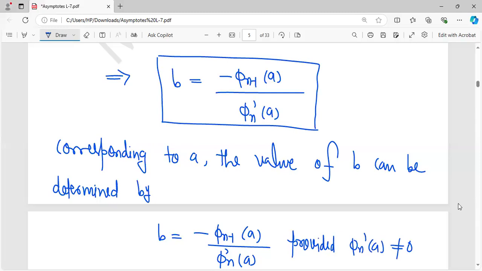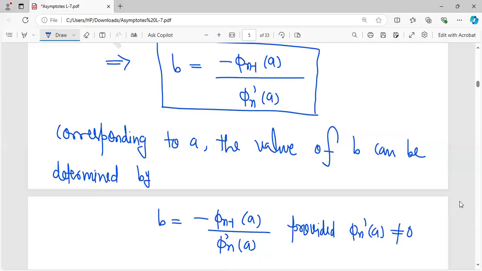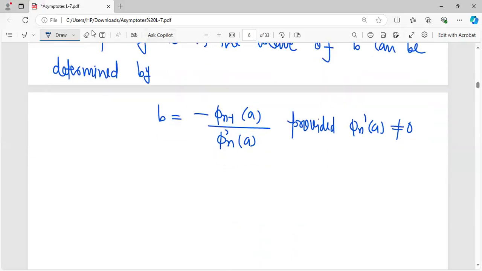If phi n dash is not equal to 0, then we can determine our value b by this formula. So this is the formula.